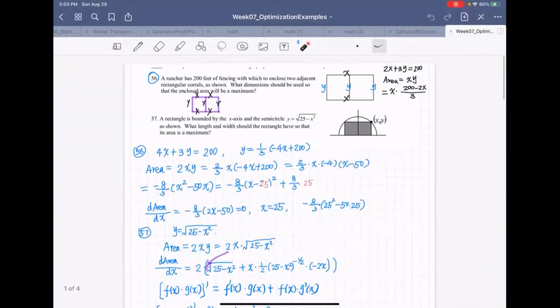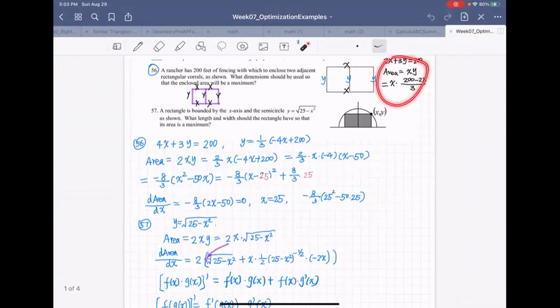the so-called optimization questions. For example, those fences, they told you all of them added together is 200 feet. You know, 3y plus 2x equals 200 feet. What are the x and y values when you want this area to be the maximum?